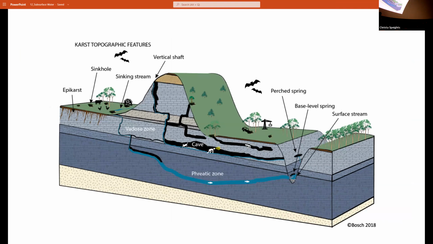And then this gets to a point where you have some cave passages that are within the phreatic zone, and those are completely full of water. There are hazards that are unique to caves, such as sinkholes that can form above karst landscapes.